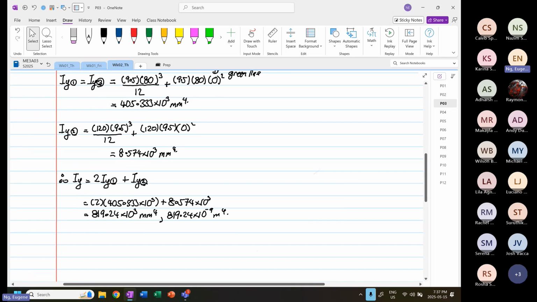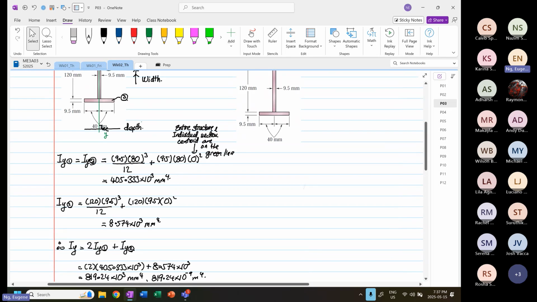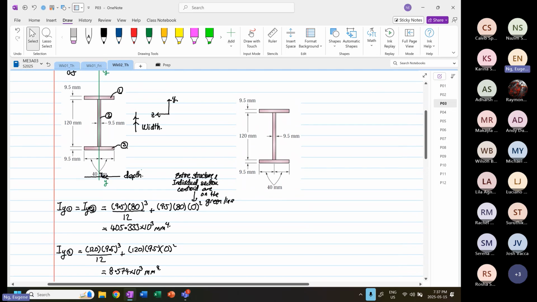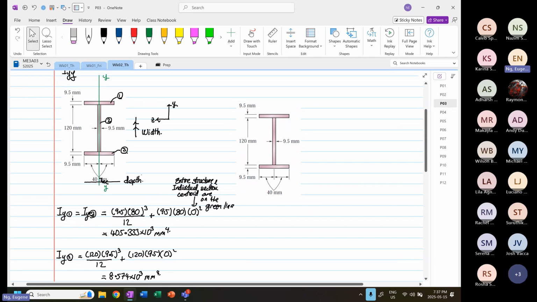As you can see, the most important thing to identify now is where is the axis of interest. After you have defined the axis of interest, the geometry that is parallel to the axis of interest is our width. The geometry that's perpendicular to the axis of interest is always our depth.